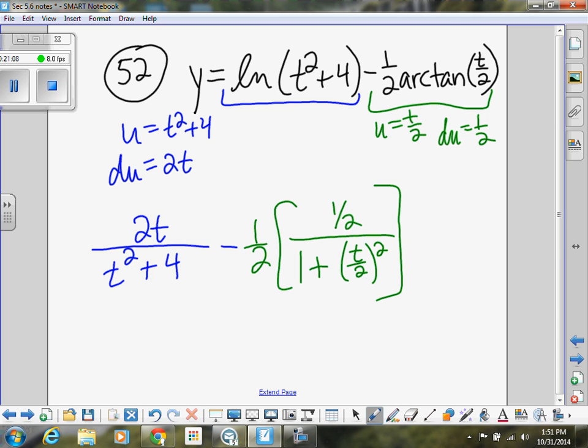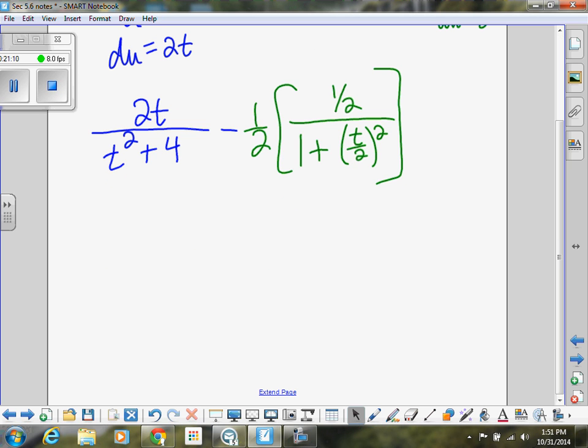So when we simplify this, it actually comes out really nicely. So I'm going to bring this 1/2 down here. So I actually have a 1/4 to distribute to this. This is just t squared over 4.